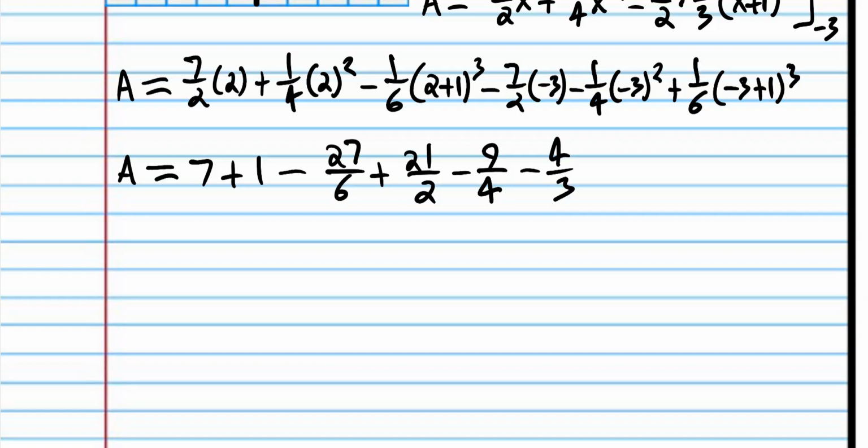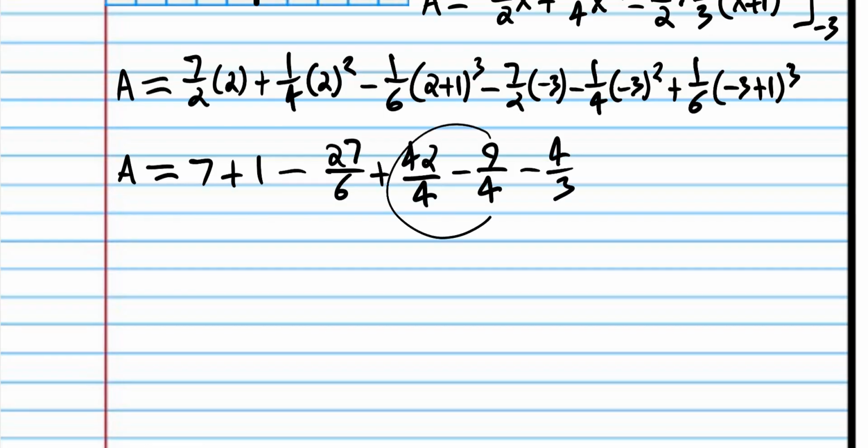Okay, so I'm going to change this expression so that we have 42 over 4. That way we can combine these. And I'm going to reduce this expression so we have 9 over 2. Actually, I'm going to change this fraction so we have a 6 in the denominator, so we can combine.